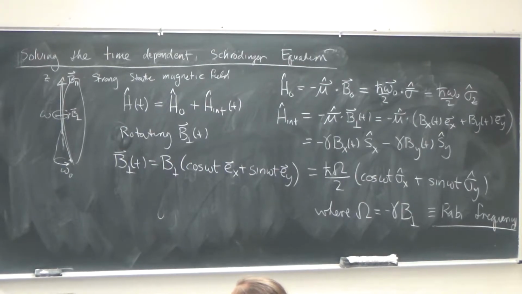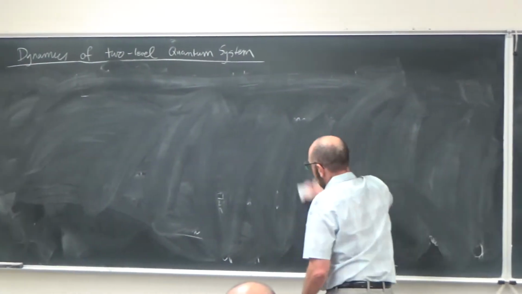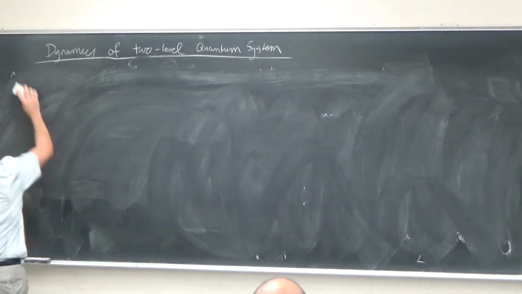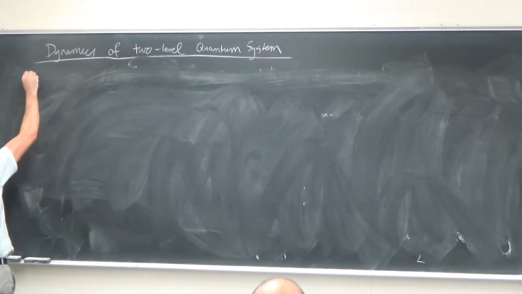Okay. So what we have now, we've looked at this particular problem. We'll write down the Hamiltonian for a spin in a static magnetic field and a rotating transverse field.